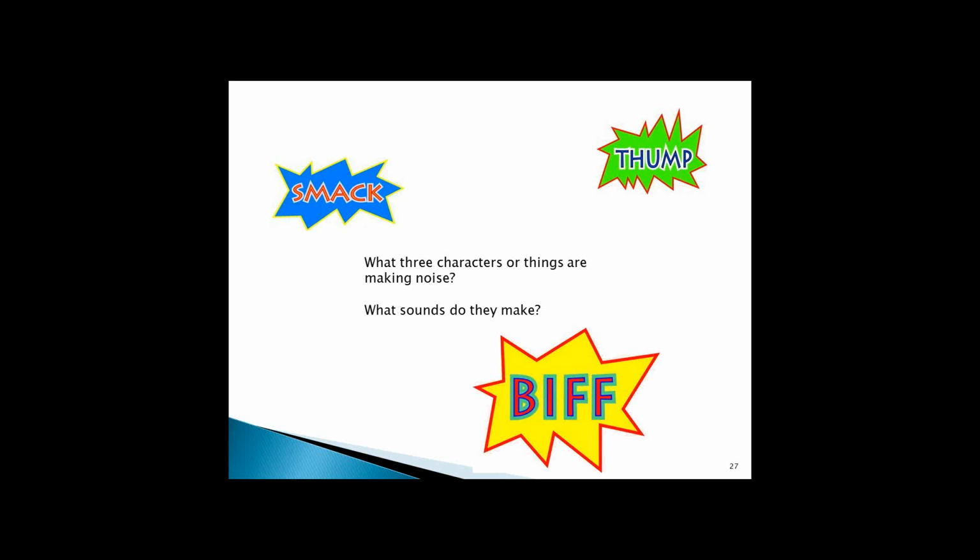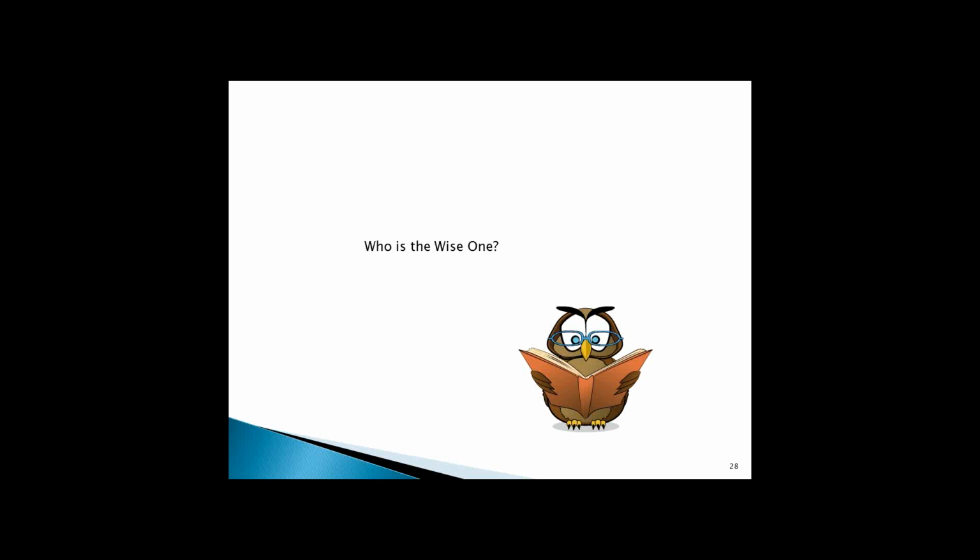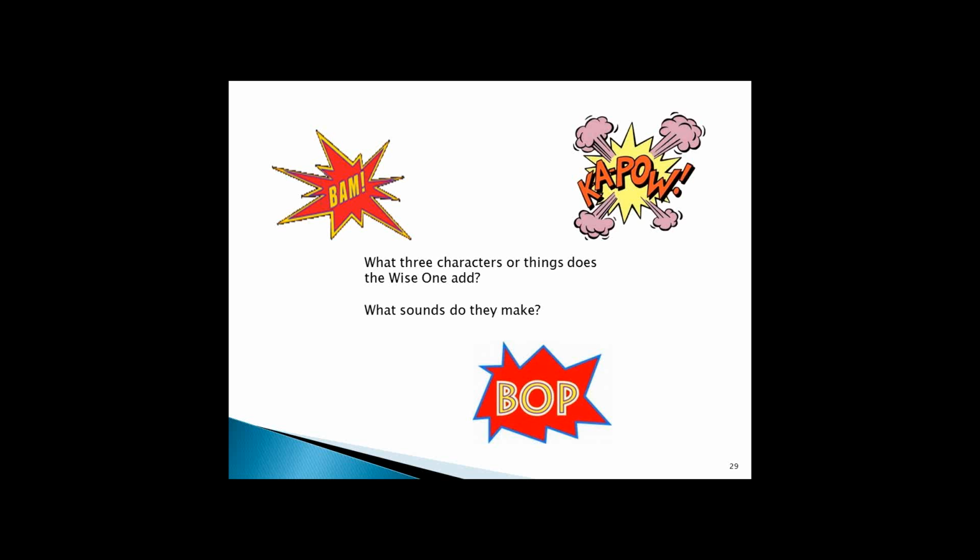The next question is, who is the wise one in the story? Who does the sloth go to for help? The owl, the cheetah, the tortoise. Okay, the cheetah. And now we're going to need 3 more characters or things that the wise one will add, and we need to know what sounds they make.